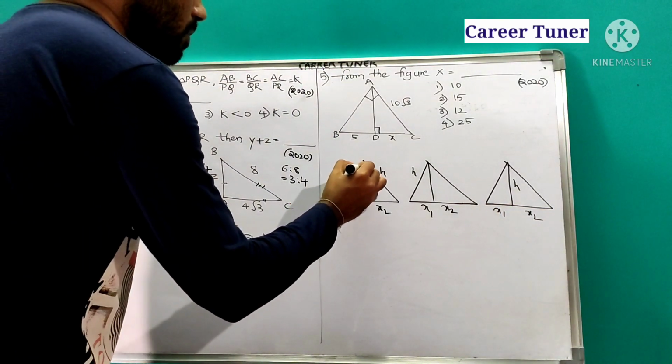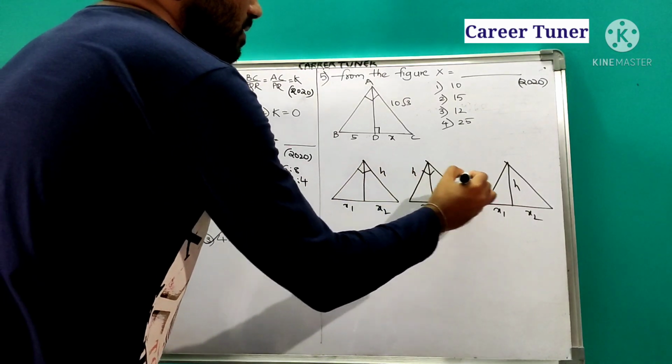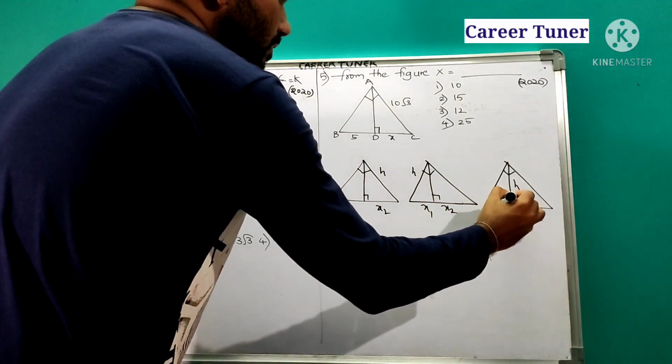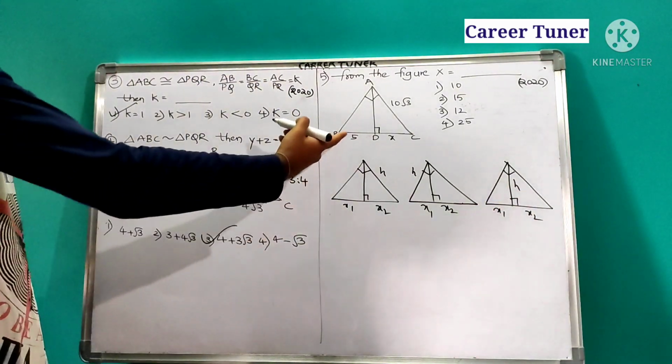Remember, it is always 90 degrees, 90 degrees and 90 degrees, and here a perpendicular is drawn from the right angle.